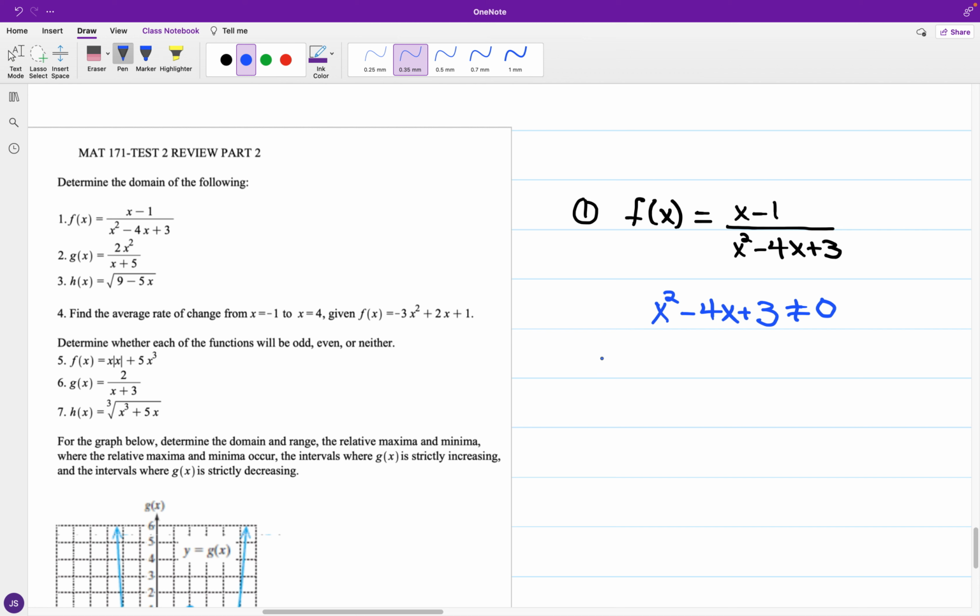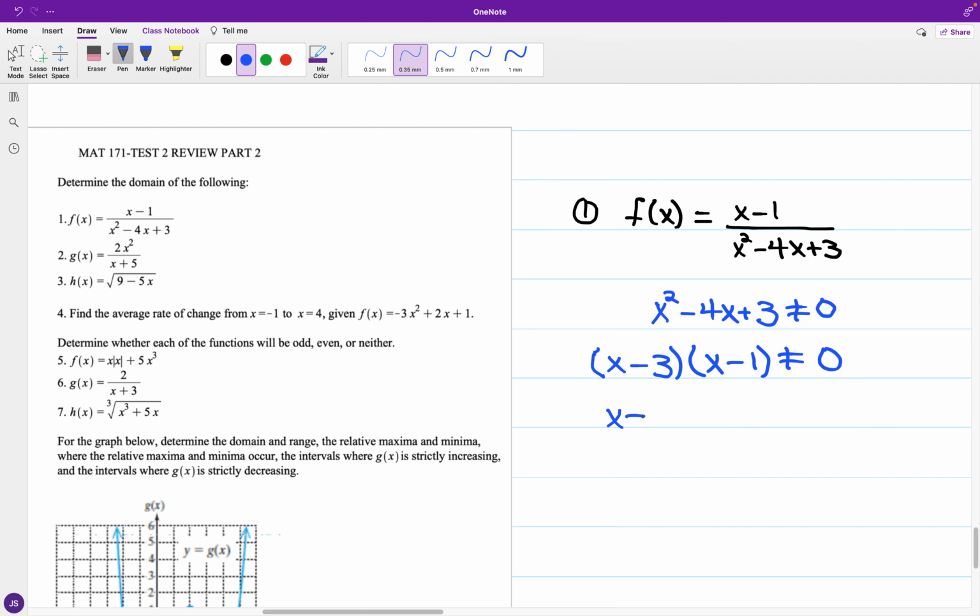So for x squared minus 4x plus 3, since this cannot be 0, with our factors, you see we have x minus 3 and x minus 1, neither of which can be 0.